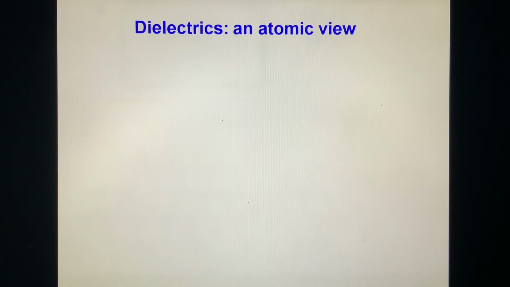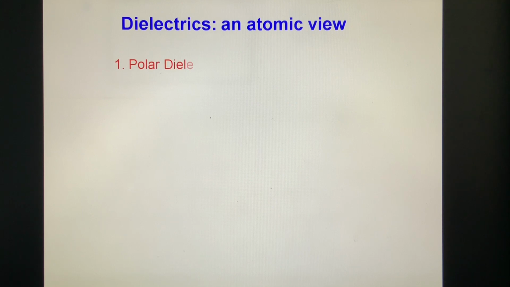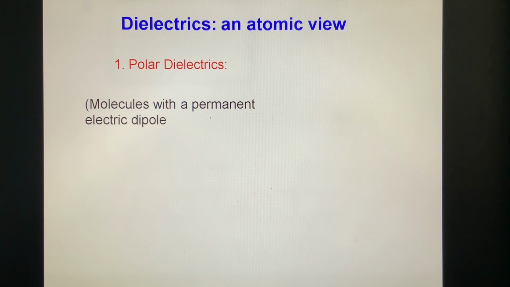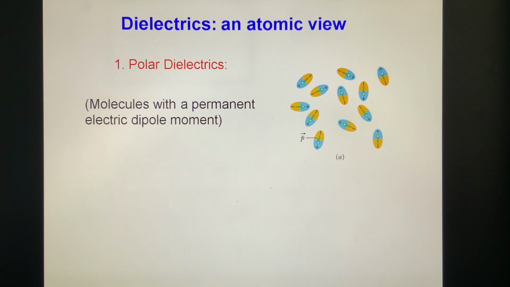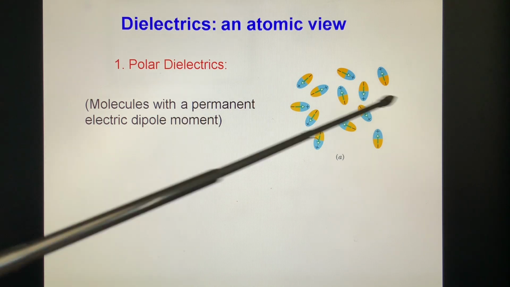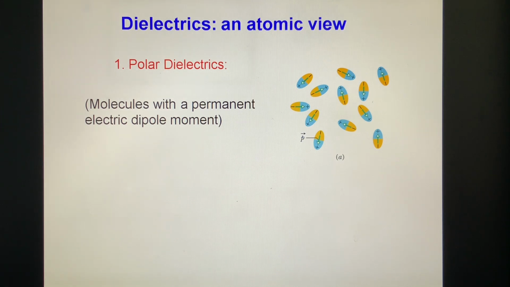Dielectrics, an atomic view. 1. Polar dielectrics. That material is molecular with a permanent electric dipole moment. Without an external electric field, they arrange randomly, so there will be no electric field.